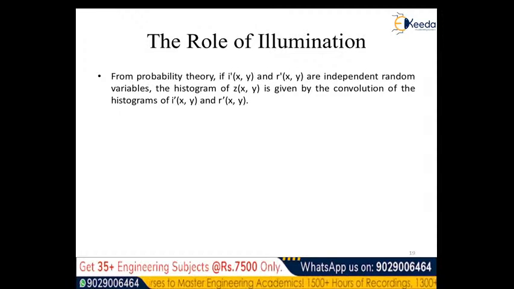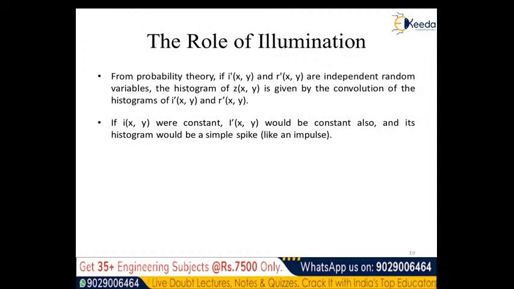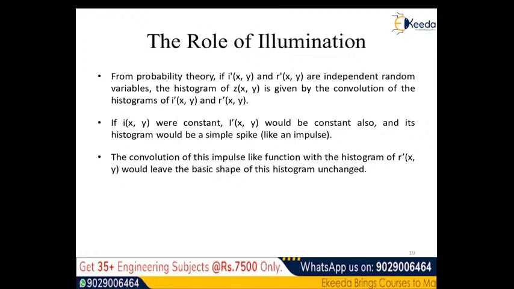Now if I of x comma y were constant, then I dash of x comma y would be a constant also, and its corresponding histogram would be a simple spike like an impulse function. The convolution of the impulse function with the histogram of r dash of x comma y would leave the basic shape of the histogram unchanged.